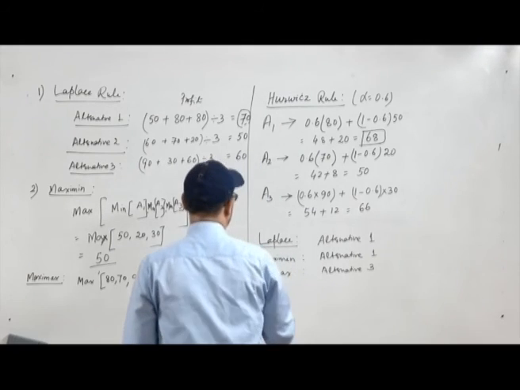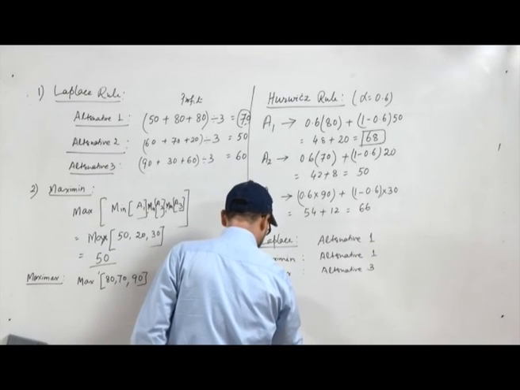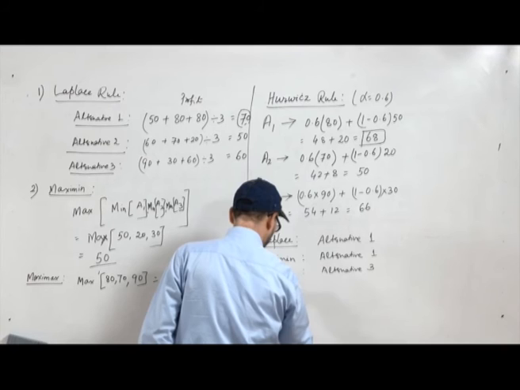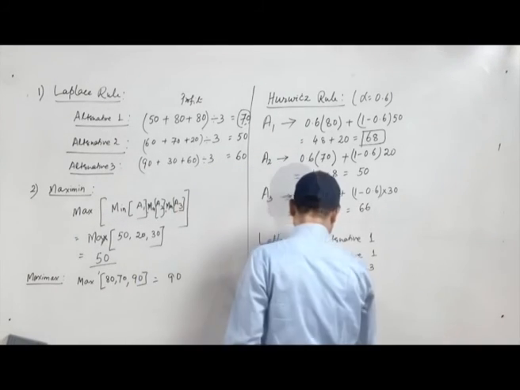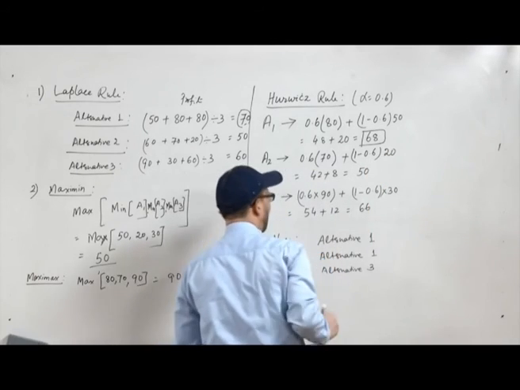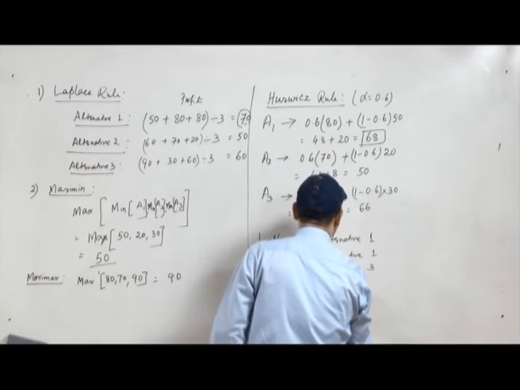And the Hurwitz, where alpha is taken as 0.6, the optimism parameter, for that again alternative 1.